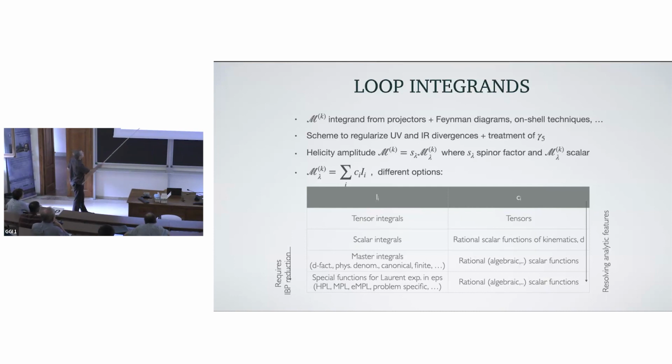Now, you can also go one step further and decompose with respect to a set of master integrals, so a smaller number of linearly independent loop integrals, and you have different options to do so. Or if you are able to solve these analytically, you may directly decompose your amplitude with respect to some functional basis.